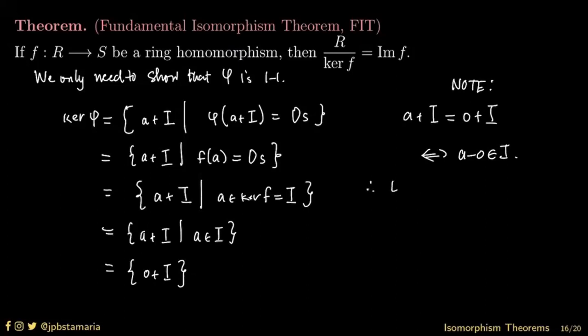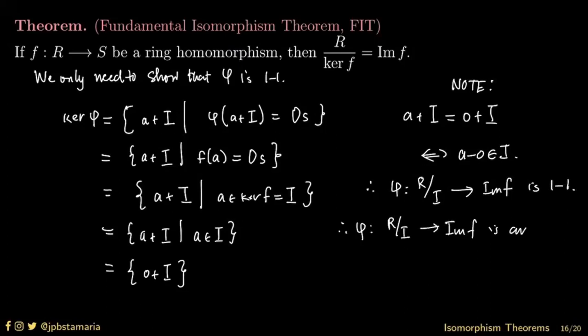Therefore, now we can conclude that phi from R modulo I to the image is 1-to-1. Therefore, phi from R modulo I to the image is an isomorphism.